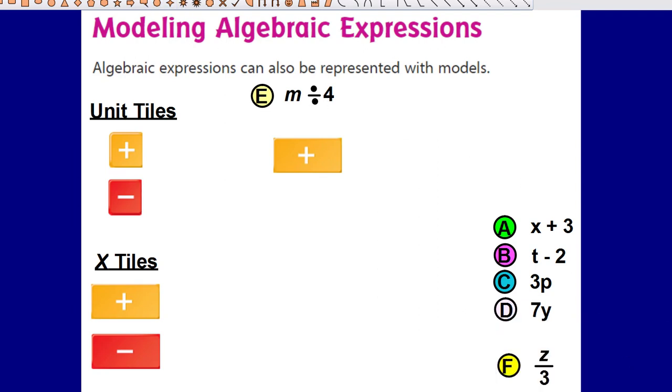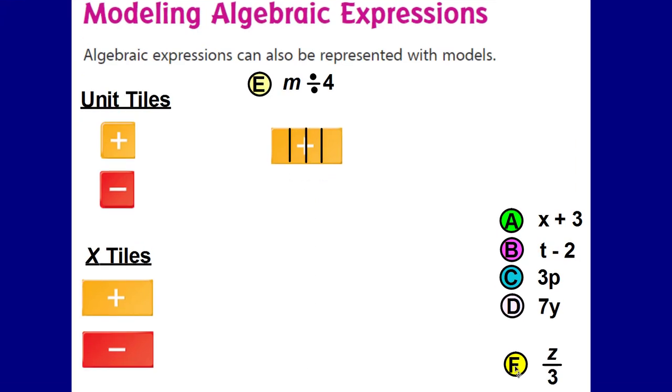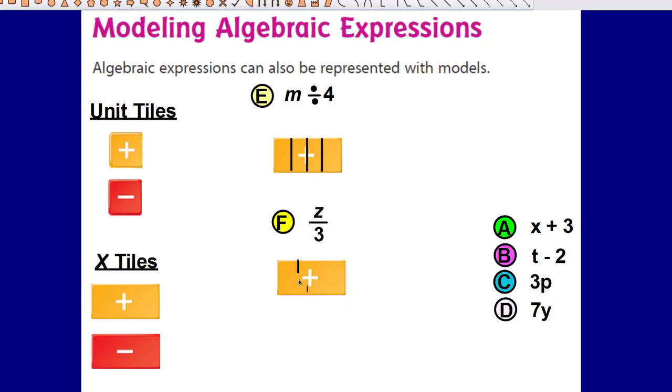So all you're going to do is just split the tile into 4 parts. Then on the expression z divided by 3, you're going to do the same thing. Here's your X tile for z. There's only one of them. And you would cut it into 3 equal parts.